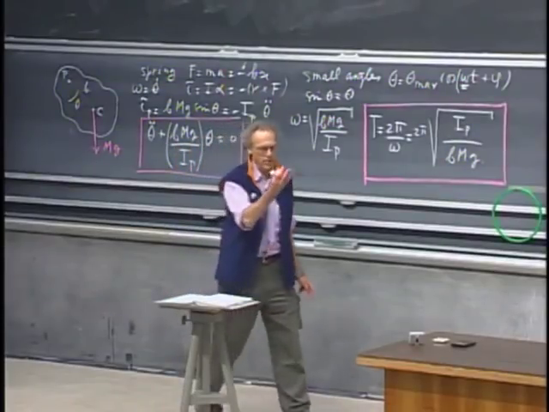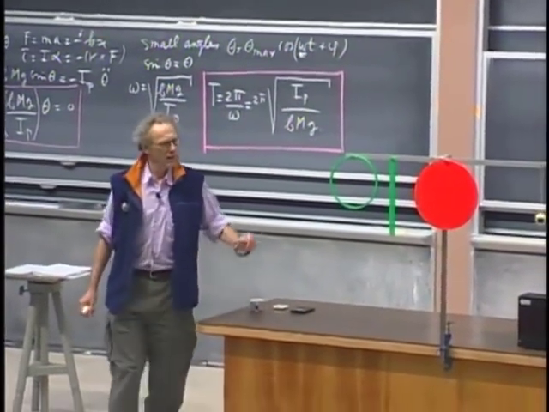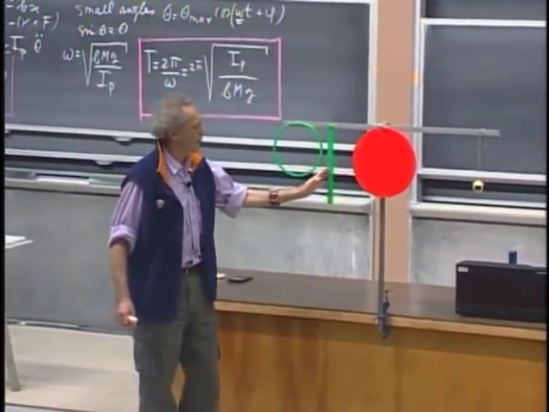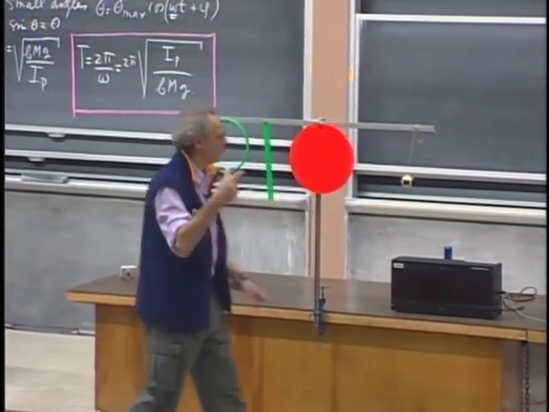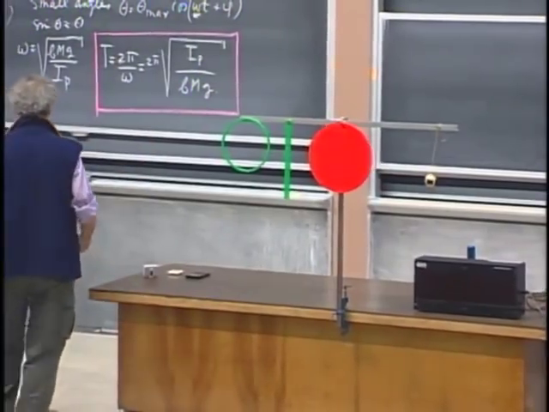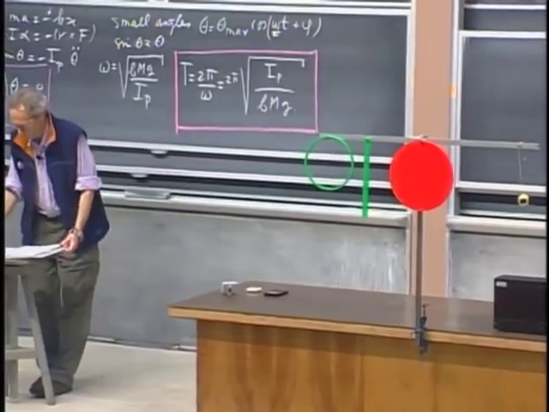I have 4 objects here, and they all have different moments of inertia. They're all going to rotate about an axis perpendicular to the blackboard, so to speak, and we're going to massage each one of them to predict their periods.